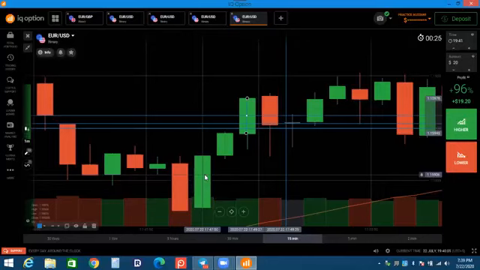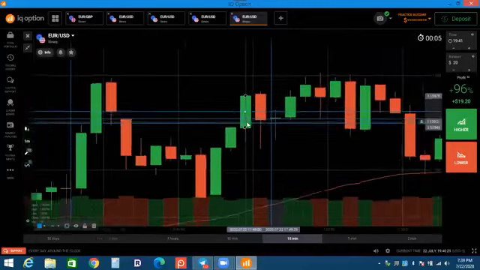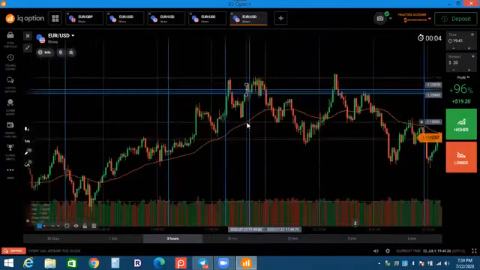When you see there is a resistance level and it breaks, and after measuring we see that it is a 50% level of the candle, that is a false breakout. The market will reverse from here.